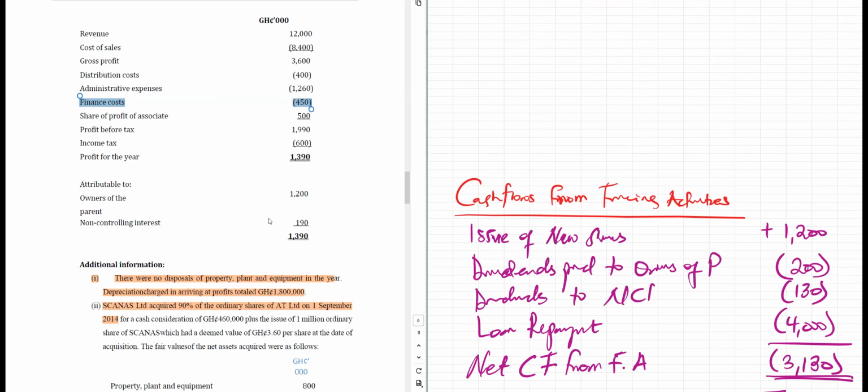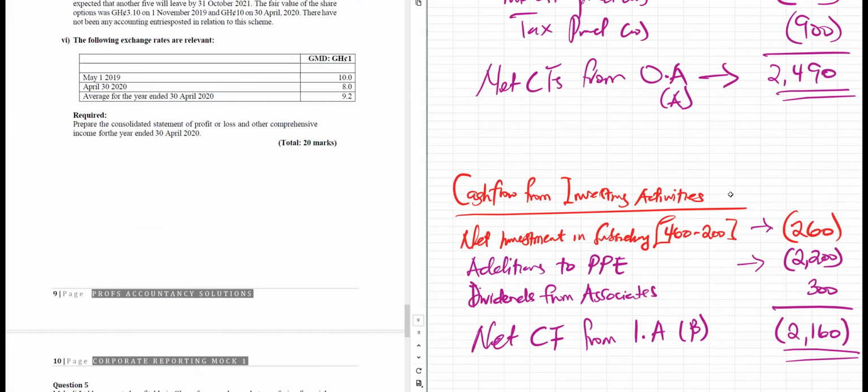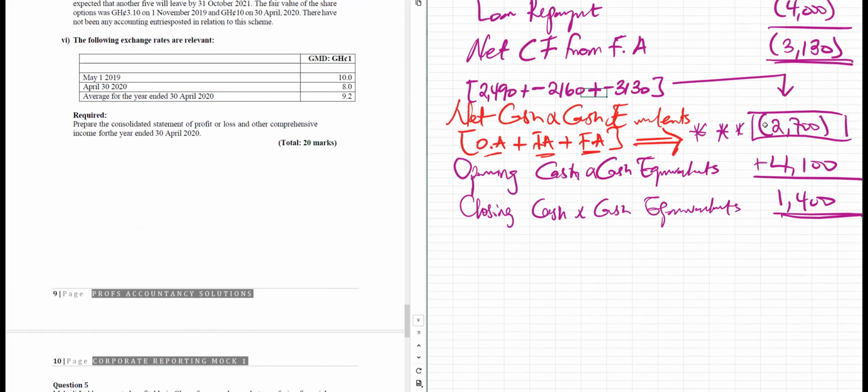I was just cross-checking this 2.7. It means we are where we are, so there's no need to add up. I was just trying to prove that to you.